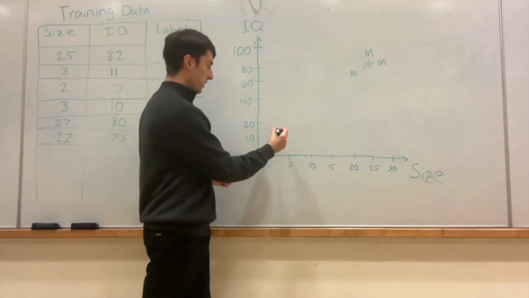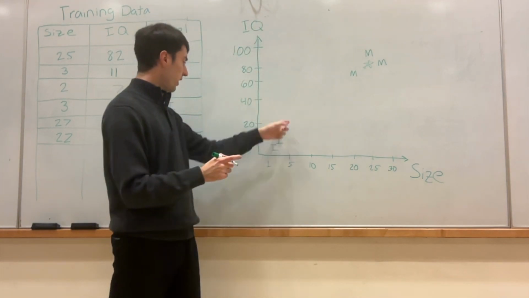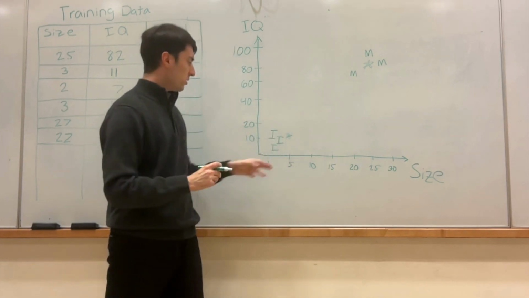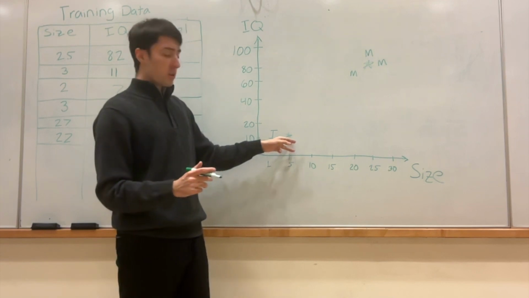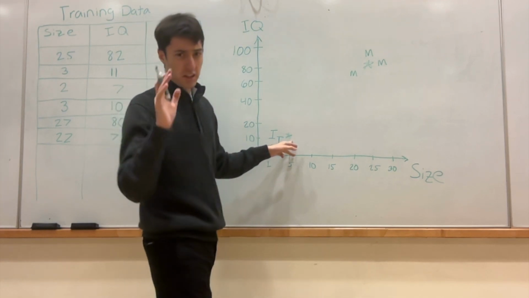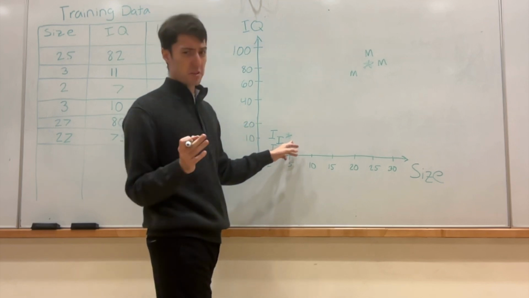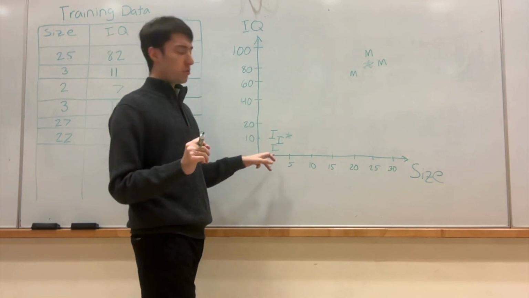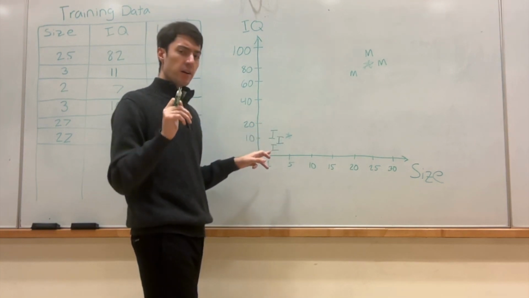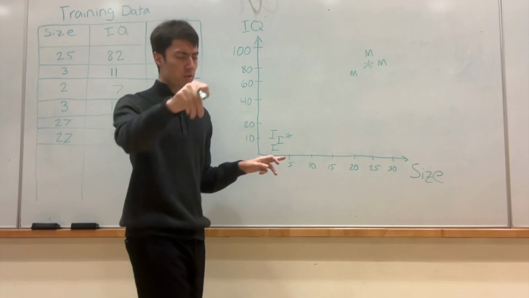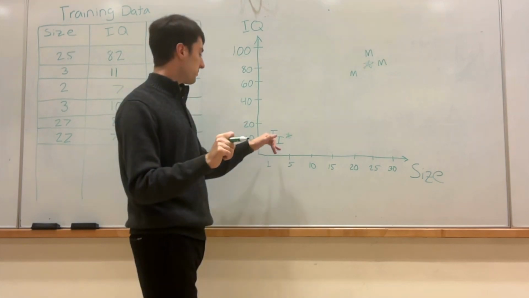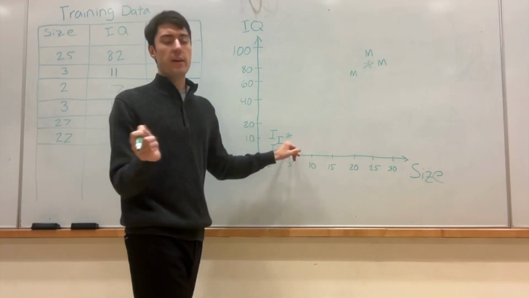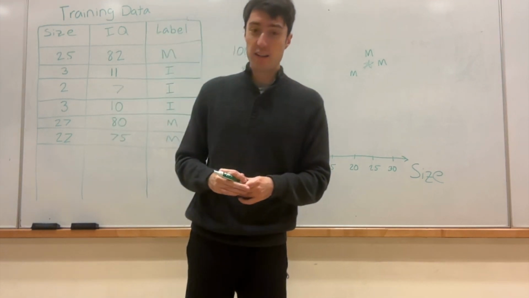If we had another point with a size of 5 and an IQ of 15, maybe right there, you'd say, even though I don't know what class it belongs to, it is closer to points that are insects, so I have a very strong suspicion that this point is also an insect. And that is exactly what k-nearest neighbors classification does.